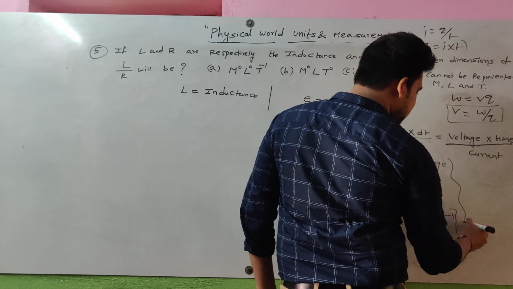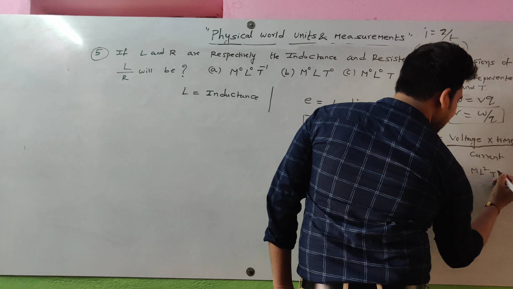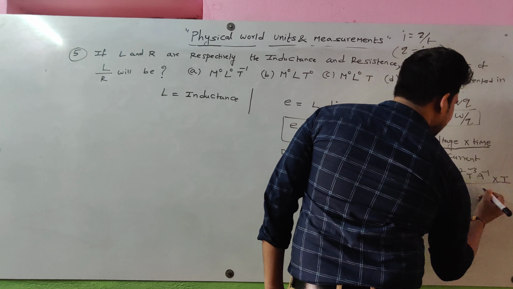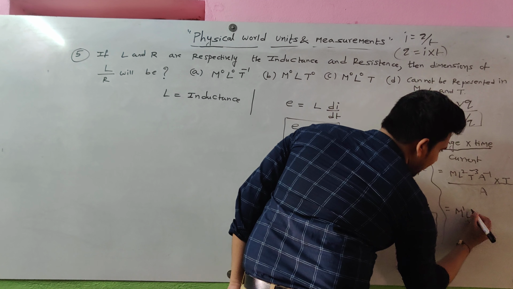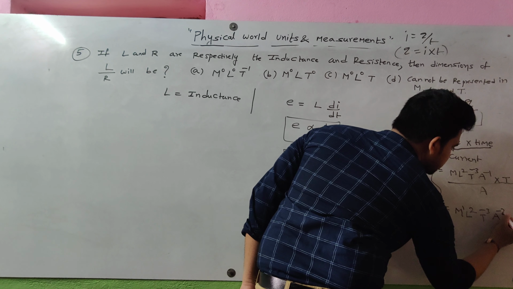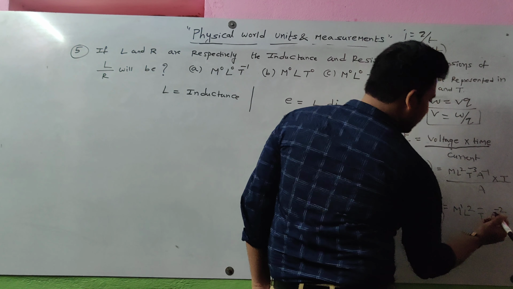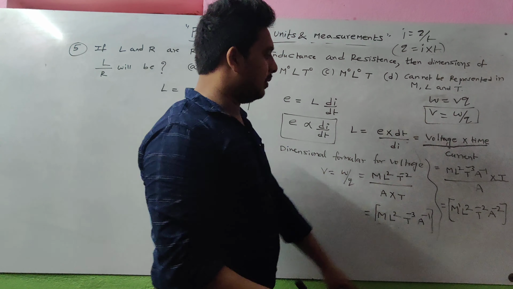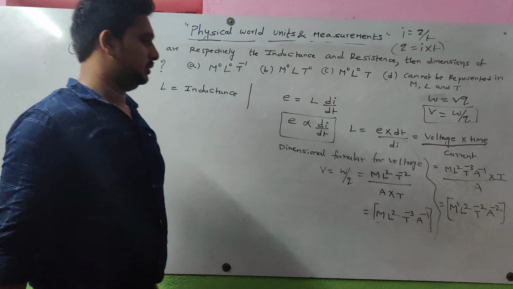Time is represented as T, current is represented as A. Then in total for L we got M power 1 L square T power minus 3 plus 1, that means T power minus 2, and A power minus 1 minus 1, that means A power minus 2.